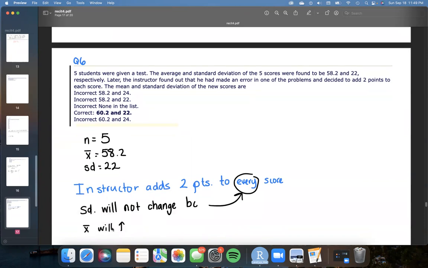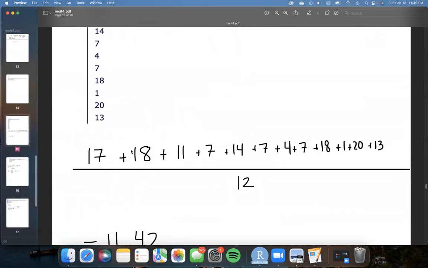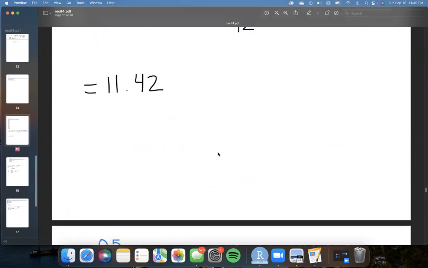The average will increase because if 2 points are added to every score, then the numerator when you average them all together gets bigger. So let's say this was our data set, even though it's not, just for explanation purposes. If we were to add 2 to every number here, our mean would actually increase because our numerator is getting bigger.